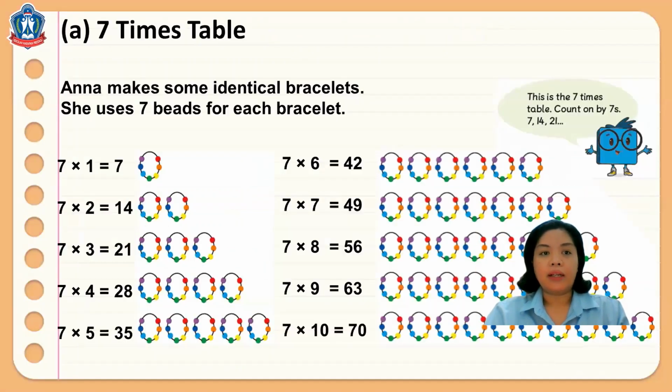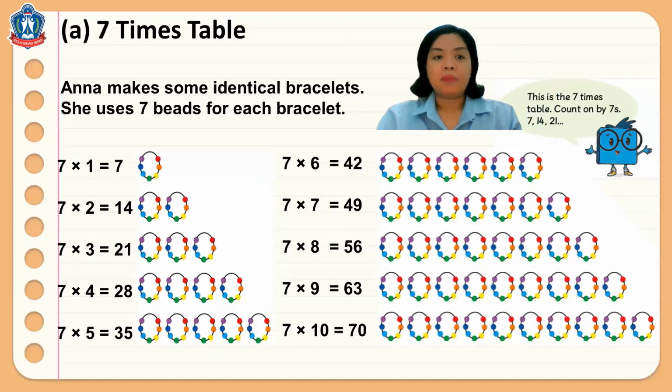I have here a 7 times table. Anna makes some identical bracelets. She uses 7 beads for each bracelet. Take a look. If she has only one bracelet, there are only 7, so 7 times 1. If she has 2 bracelets, she will double the 7, so 7 times 2.